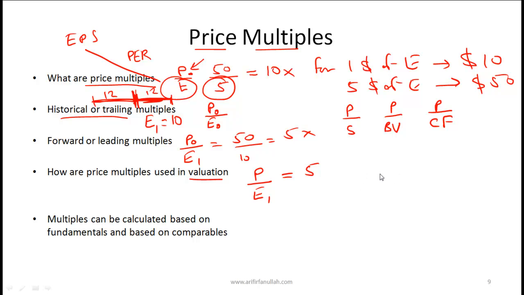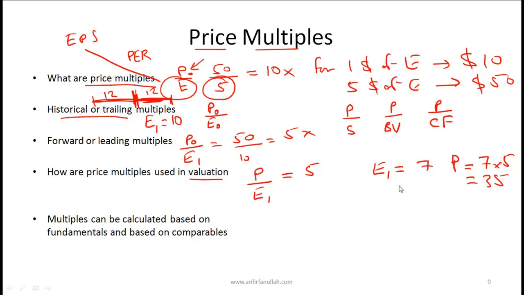Now, if this company is very much like the industry in which it is operating, and the expected or forecasted earnings for this company equal $7 per share, then using this method we can say that the expected price, or what we would expect the company to be worth, is equal to 7 multiplied by the PE ratio, which is 5. 7 times 5, which is 35. So this is one way in which this method is used.